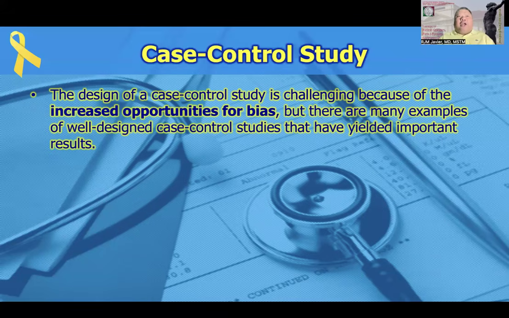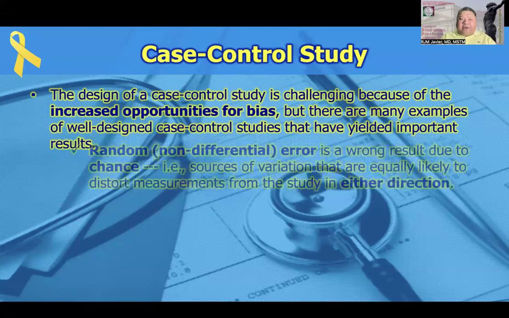Systematic errors tend to shift the relationship of the factors, the exposure variable and the disease or the outcome variable, in one direction. When we talk of errors in research, we can dichotomize them into your random error and your systematic error.